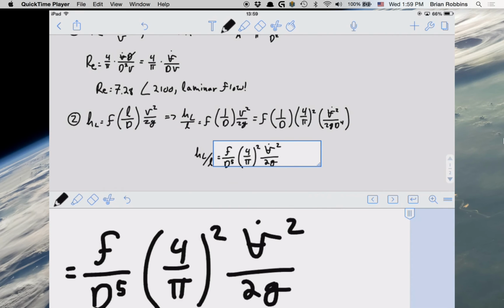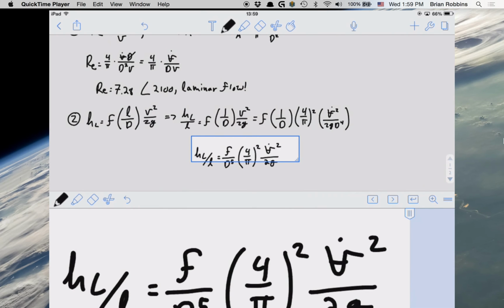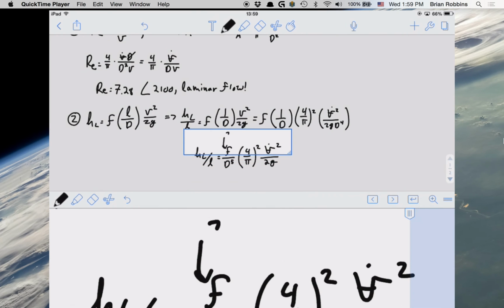Now we have our final expression in terms of all things that we know with the exception of one quantity, which is our Darcy friction factor, F. So now we need to determine what F is.